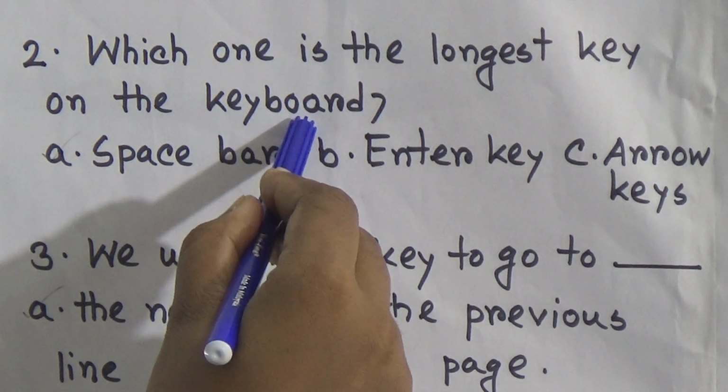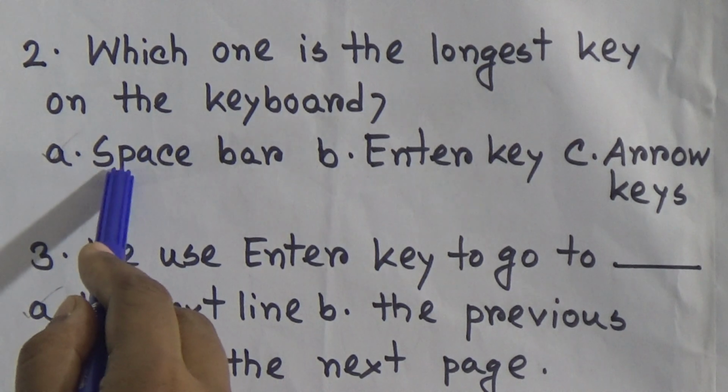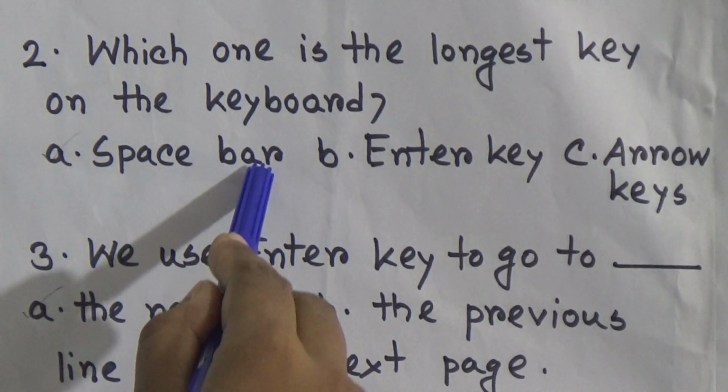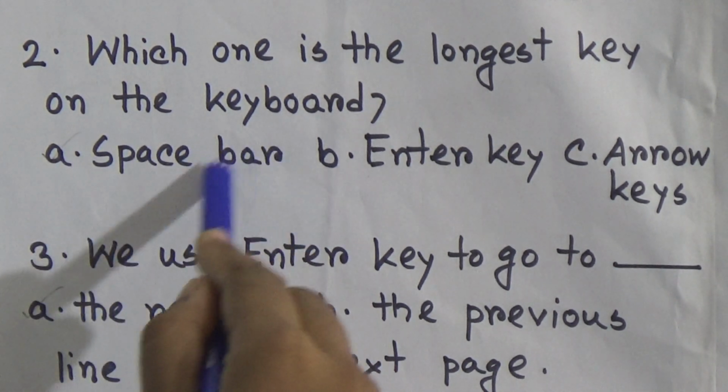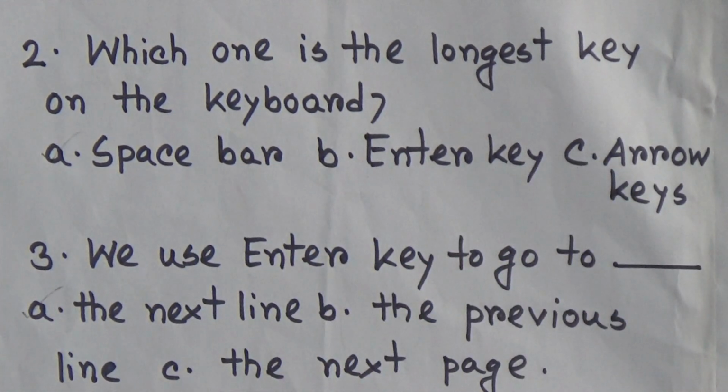If you observe the keyboard carefully, you can see that spacebar is the longest key of the keyboard. Here the option is spacebar, enter key, arrow key. This one, the spacebar is the answer.